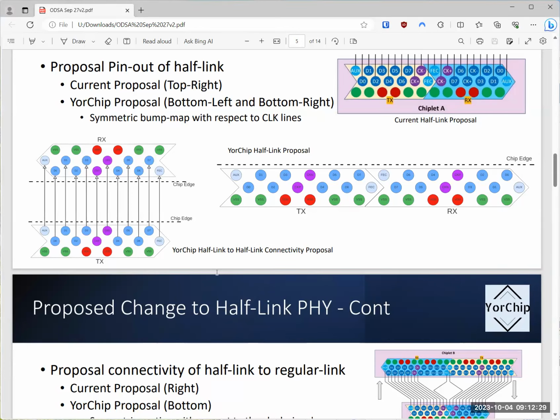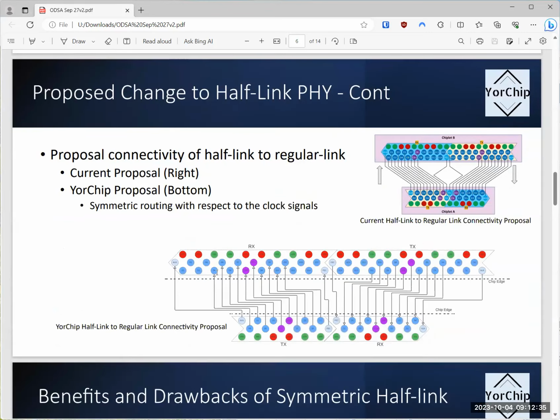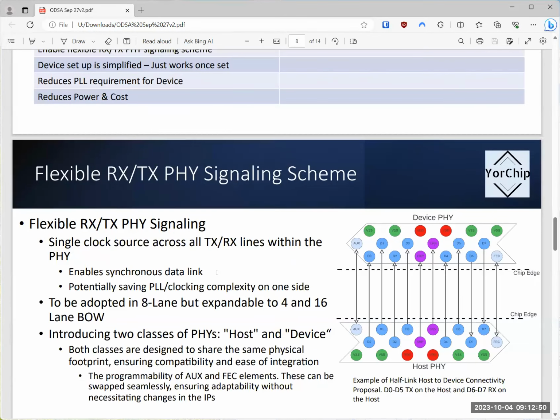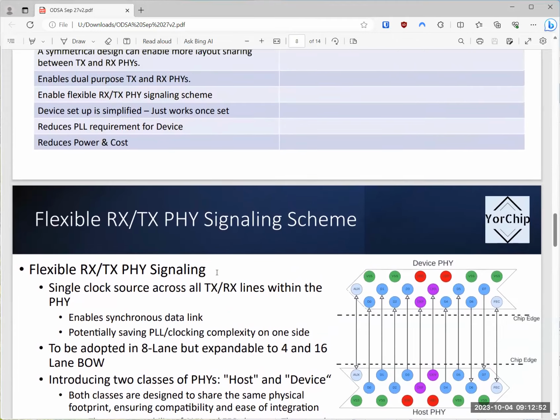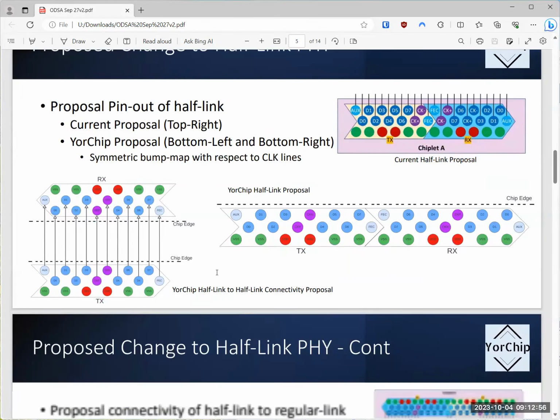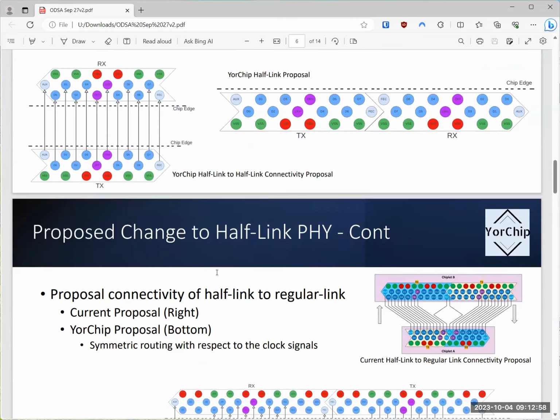Okay, so there's two pieces to it, right? We can talk about the symmetric piece, or the half Rx or split Rx TX. To me, the symmetric aspect is a lot easier to solve than the RxTX in one slice. So for the symmetric aspect, there are not many issues because it's pretty flexible.